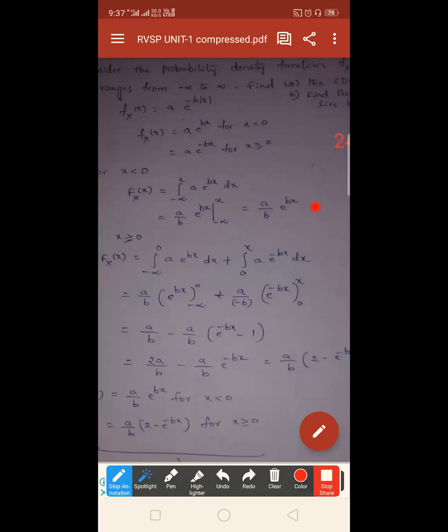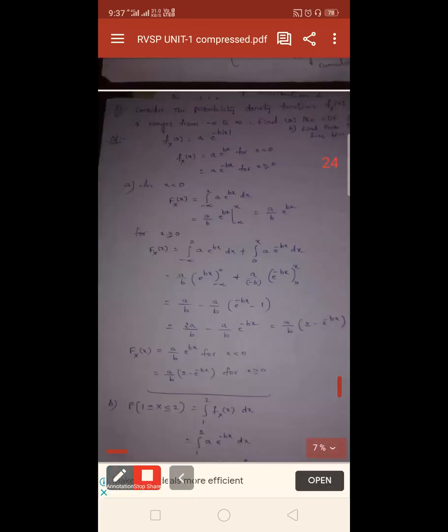You need not consider that term. That's why you write the single term a by b into e power bx. Is it clear? For x less than 0, the cumulative distribution function becomes a by b into e power bx.